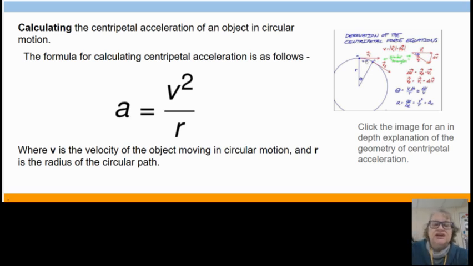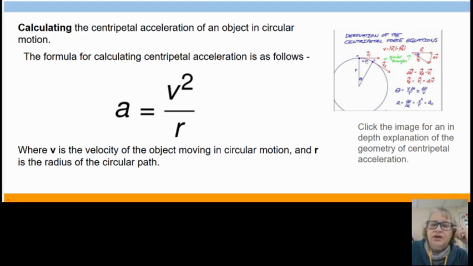Just like I did in the last video, I would show you how that came to be, but there are some geometries that are a little on the complex side. So if you're interested in learning mathematically how acceleration is velocity squared over radius, you can click on the picture and watch the video.